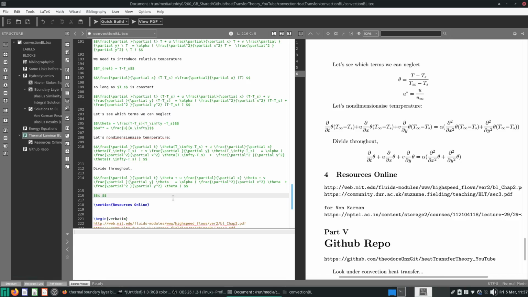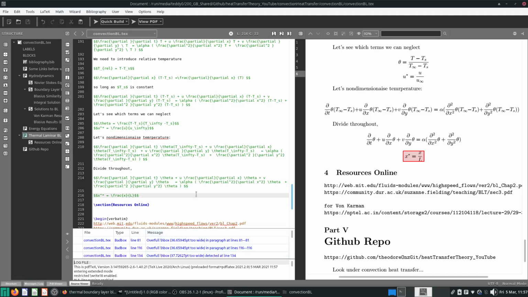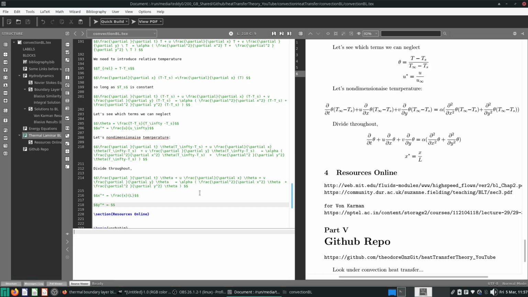X star, as you can recall, equals x divided by L. Some people like to use star, some people like to use prime, whatever floats your boat. And what will be y star? Y star equals y divided by delta.